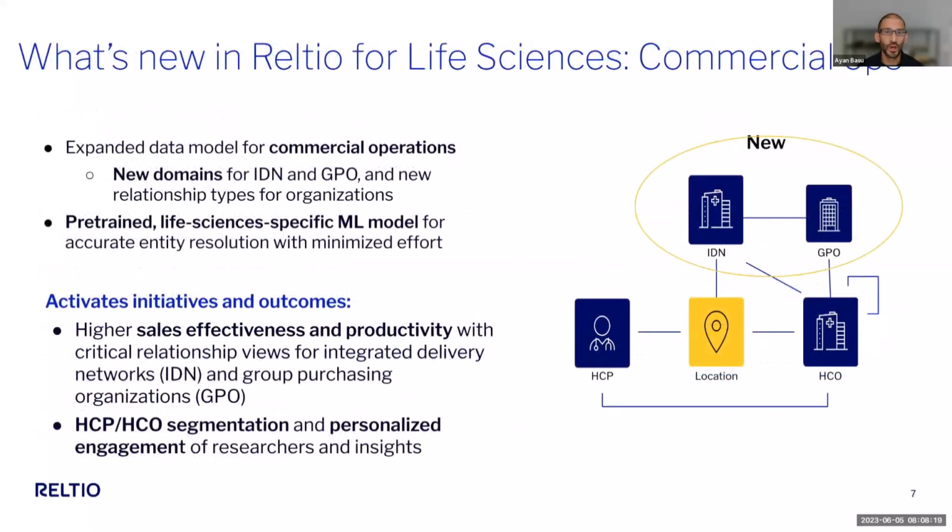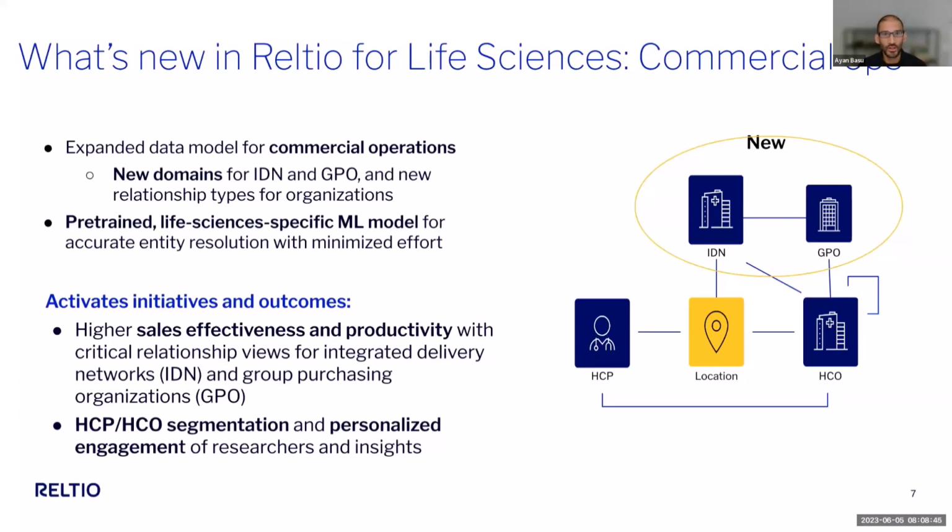Then moving on to another piece of life sciences is the commercial operations part. So in addition to clinical trial data, we are now going to be delivering commercial operations related data, and that includes the addition of two key new domains. That includes integrated delivery network, and also group purchasing organization.